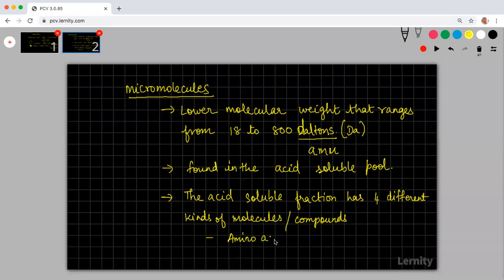Amino acids, sugars, nucleic acids, and ions. A protein will come in the insoluble fraction.